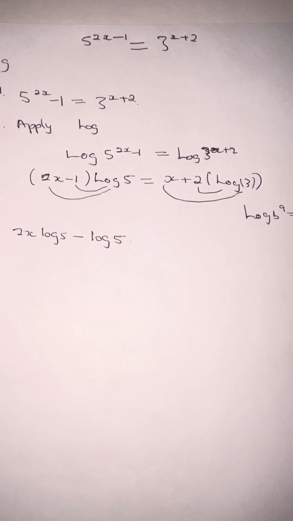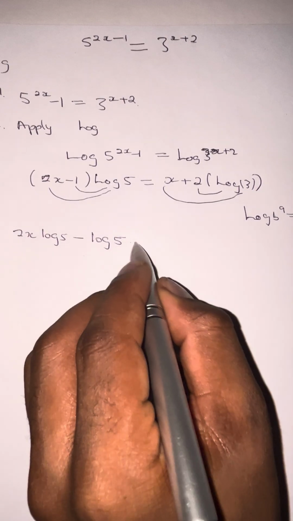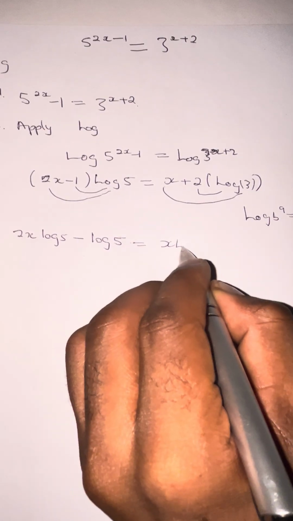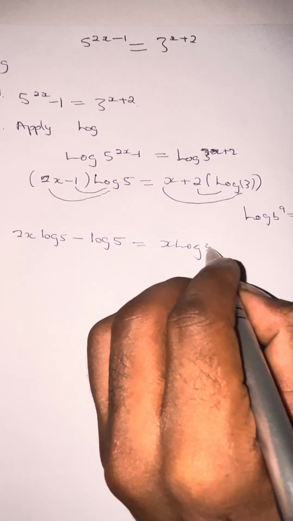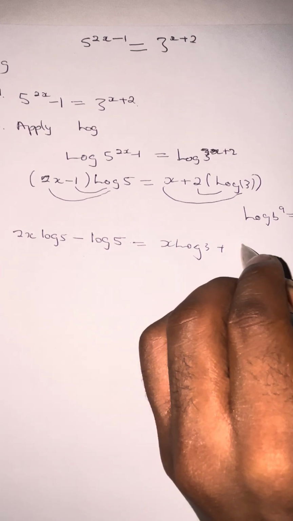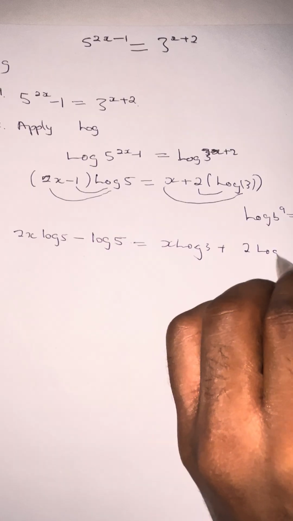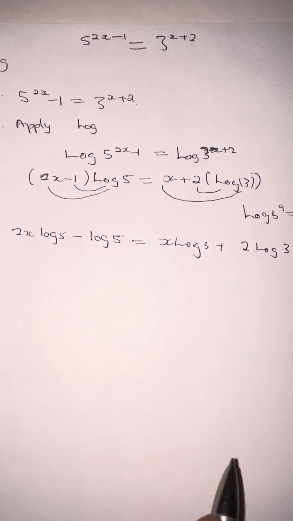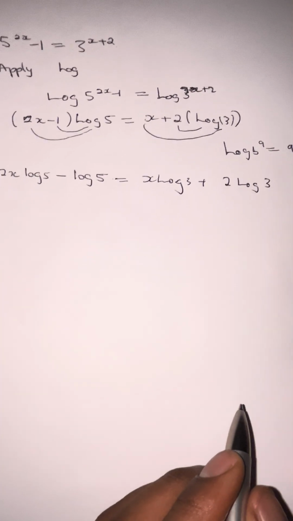We're having something like this. We will have is equals to x log 3 plus 2 log 3. So what do we see here?